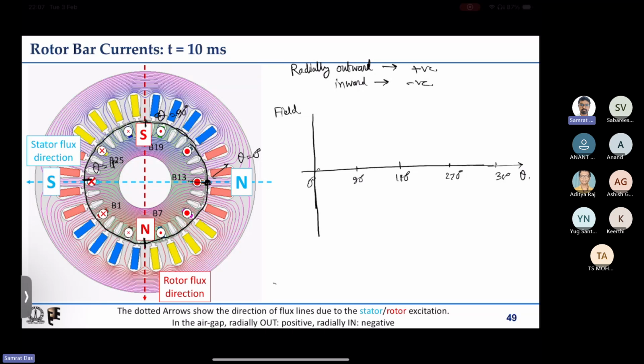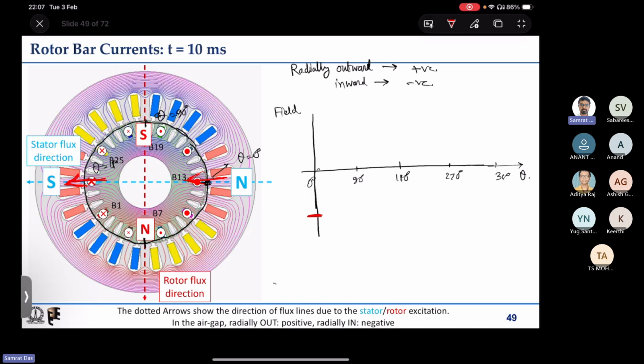Stator field, let us try drawing that with red. So it is a stator field that is like this. This is the direction of the stator flux, right? So you can see that at 0 degree it is radially inward. Radially inward means we have to assign negative sign towards it, and it is at the axis, so it is maximum, so it is negative maximum.